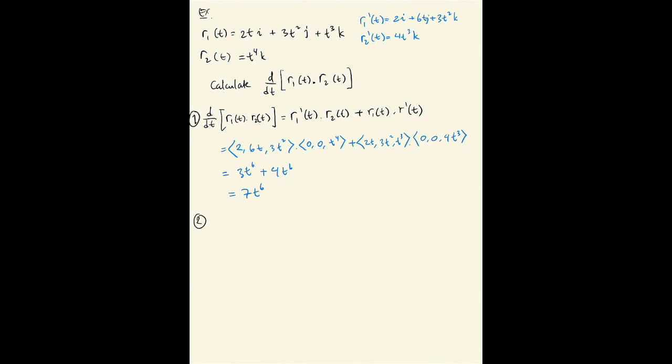This is the first method. The second method, you can just dot the R1 and R2 directly. So first dot these two factors, it will be t to the 7th, right?